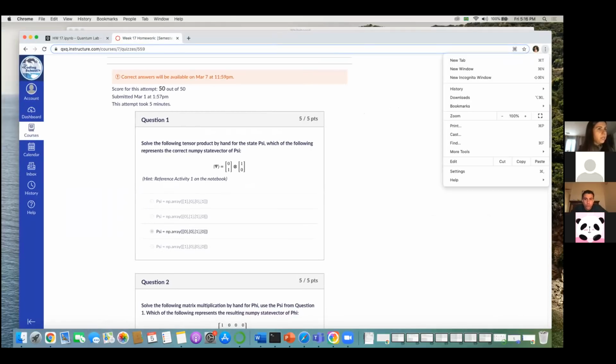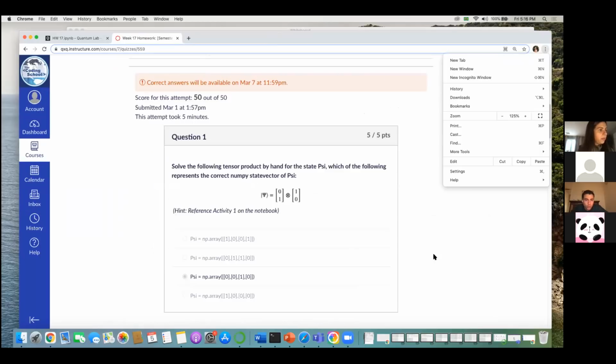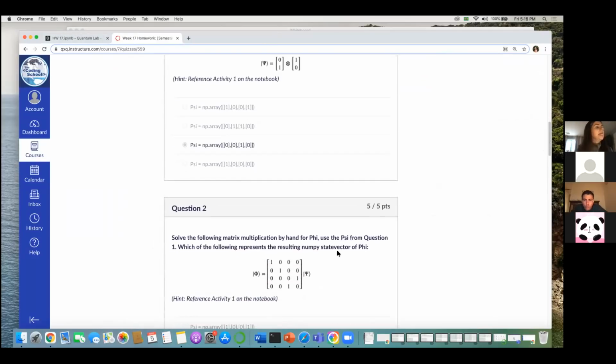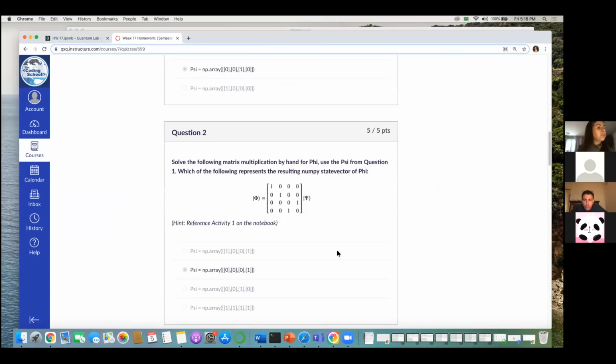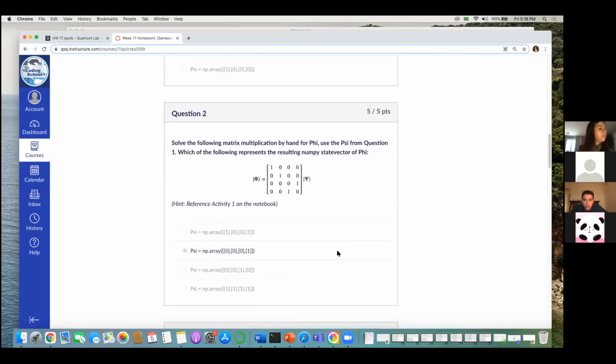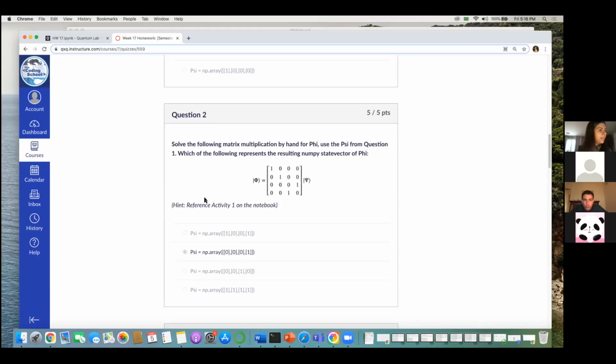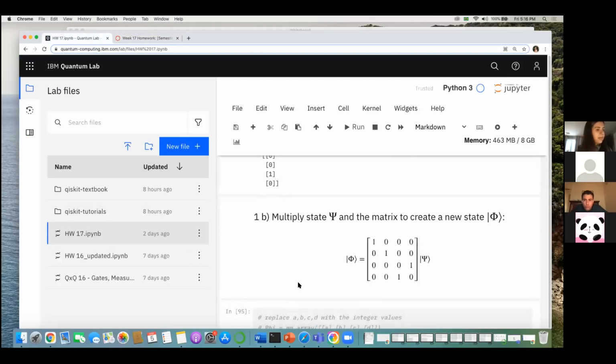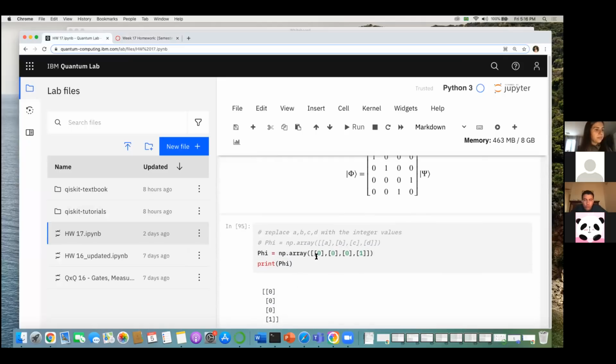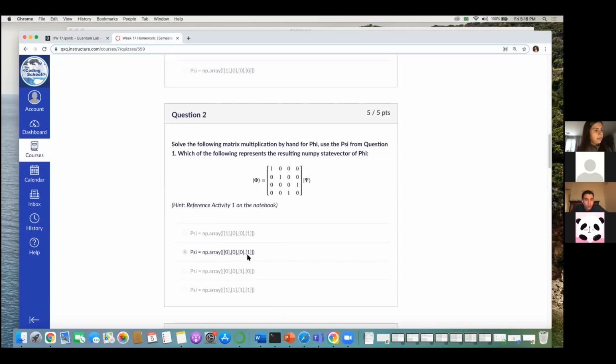I'm gonna zoom it a bit more so you guys can see it better. Okay, so yeah, that's done in the Jupyter notebook. Okay, exactly the same question 2 we did in the notebook. You just need to go back and see what was the result multiplying the matrix by our vector psi. It's exactly here. Okay, and that's how you define it.